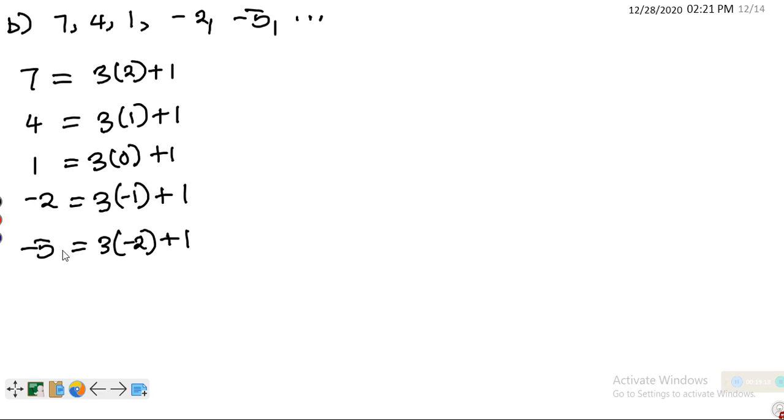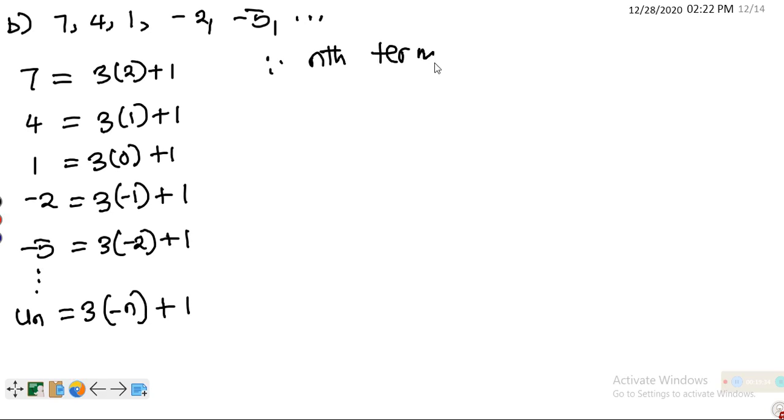Yeah, I think this rule is working. So we can generate that up to un, which is 3 times minus n plus 1. So therefore the nth term will be un equals minus 3n plus 1, which is the same thing as 1 minus 3n.